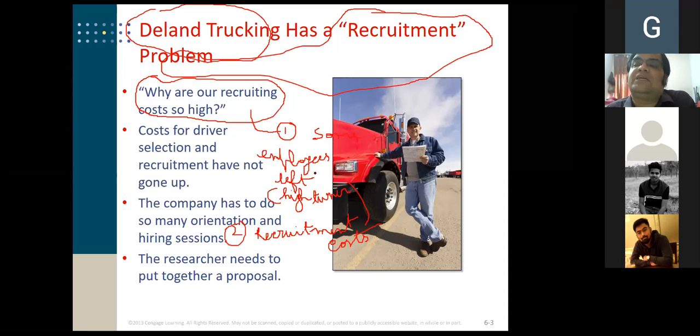Some XYZ competitor is paying high. Many of the employees left the company, and that's why in Dylan Trucking Company they have to recruit in a year, and these recruitment costs have gone high. This can be one of the problems, right? So in this way, I can find out my objective, right?